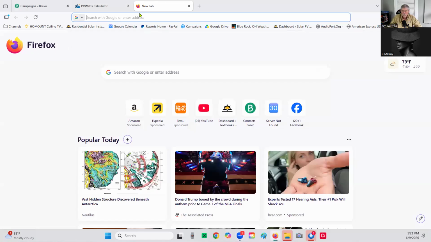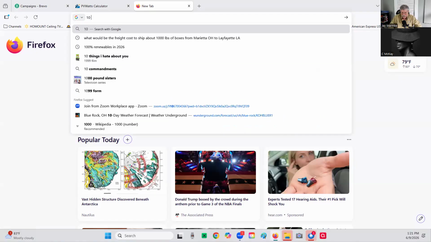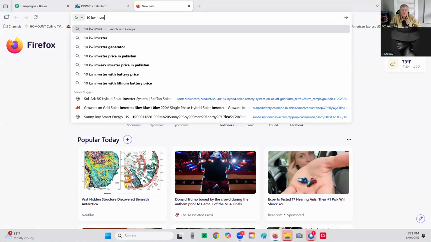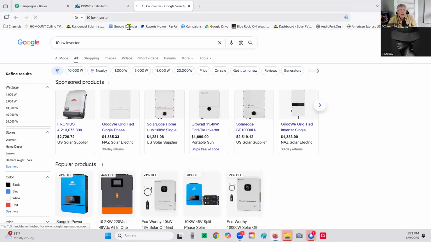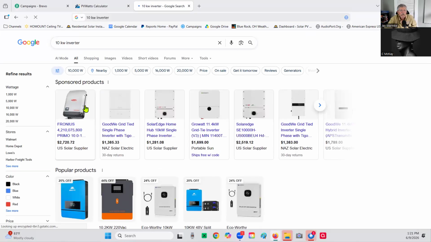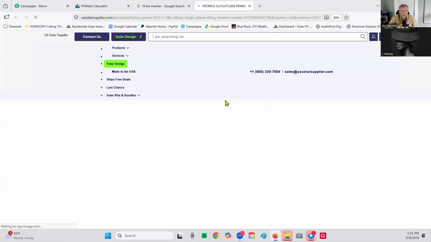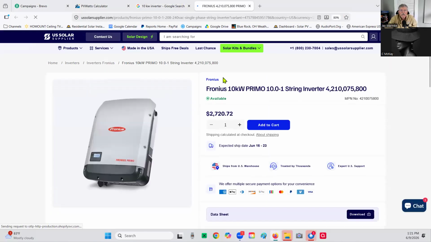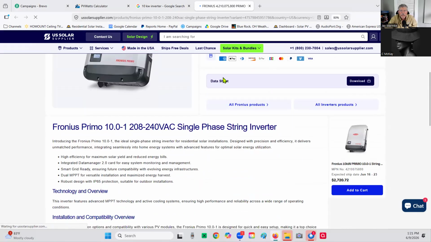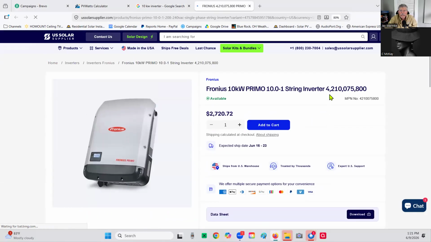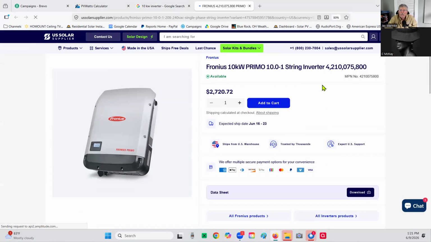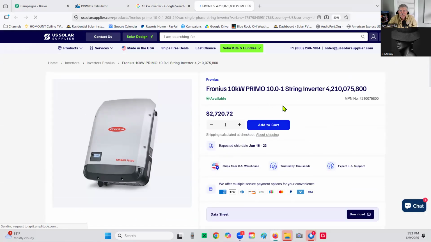So I'm going to put in a 10 kW inverter. All right. So here, US Solar Supplier. I'm just randomly grabbing one of these. So it's going to tell me a bunch of inverters here. And if I wanted to get a 10 kW inverter, it's going to cost 2,700 bucks. So 10 kW, it's a 10.6 kW array. That might be fine. It may turn out I don't need that big of an inverter.